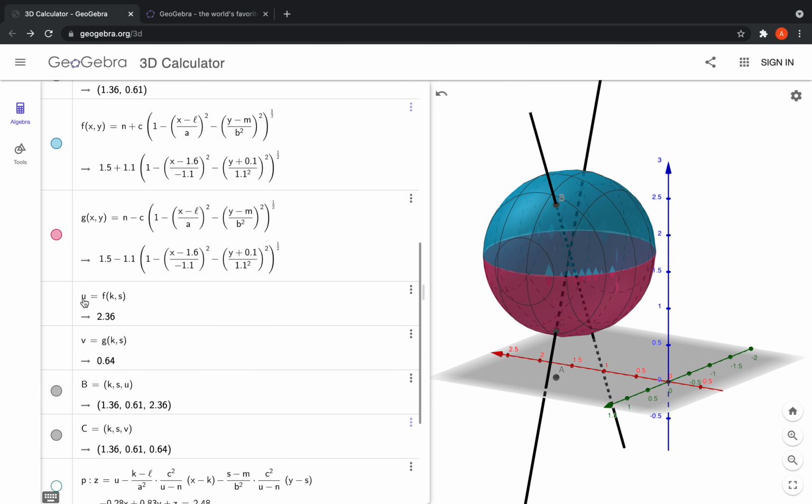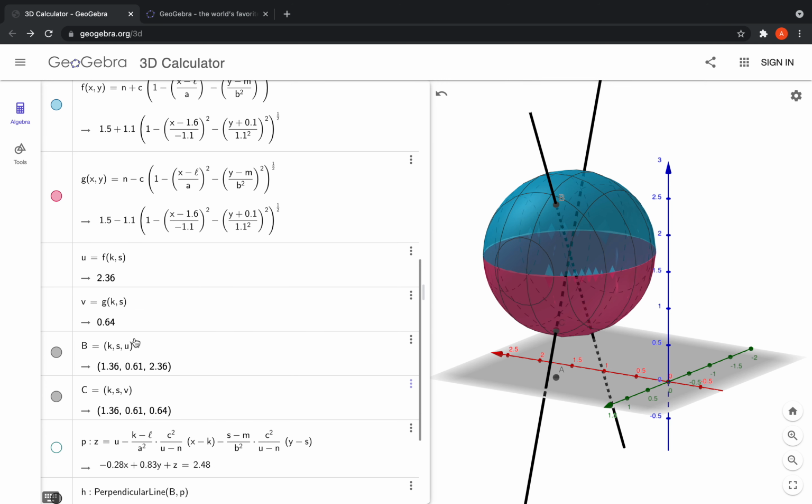Then we assign u and v. They are equal to, as I said before, one with minus and one with plus. This formula with the arguments k and s, and this formula with arguments k and s.